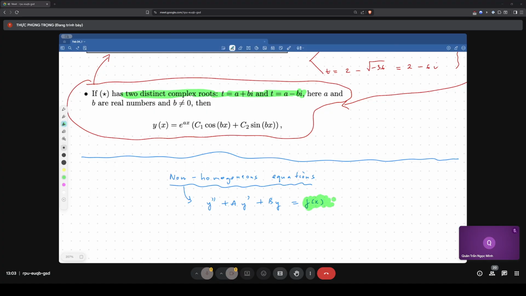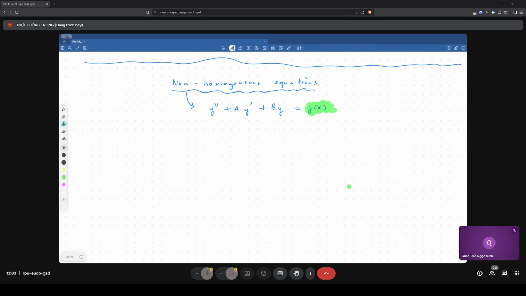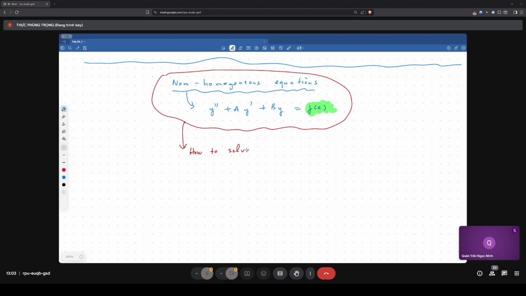F right here can be any function. So how to solve this one? You can open the note and look at example 3. After you go through this example 3, you can see how to solve non-homogeneous equations. In fact, it's also simple.